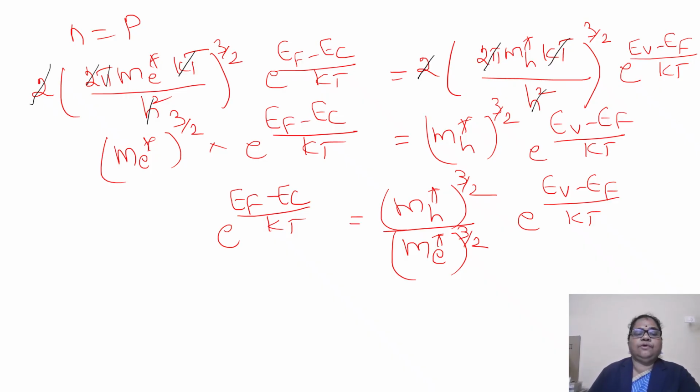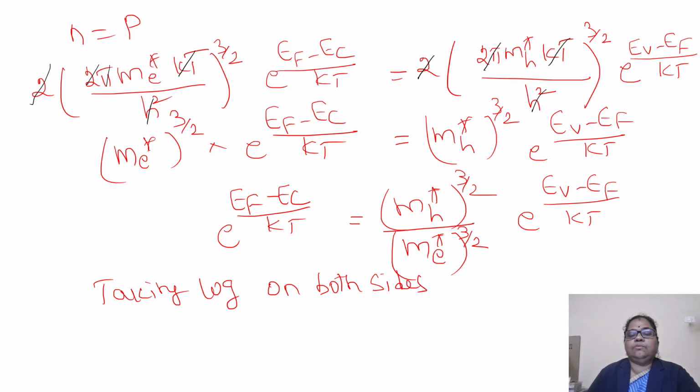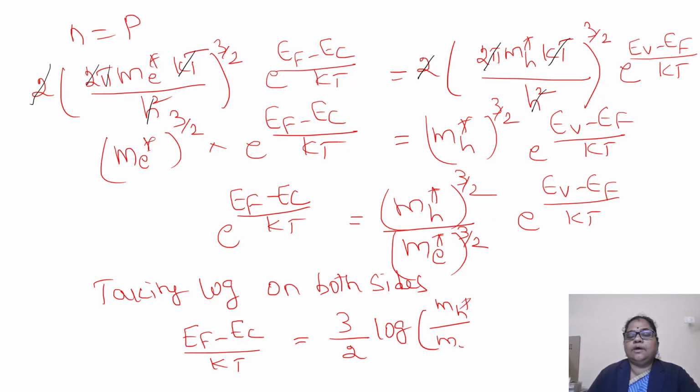In order to find the value of EF, taking log on both sides, EF minus EC by kT is equal to 3 by 2 log of m_h* by m_e* plus (EV - EF) by kT.